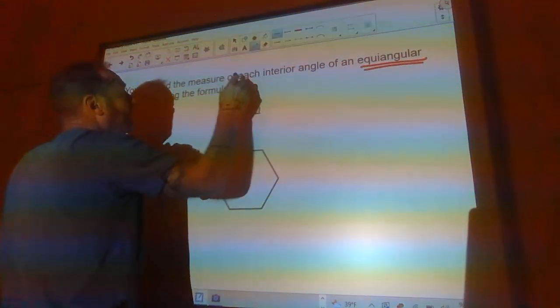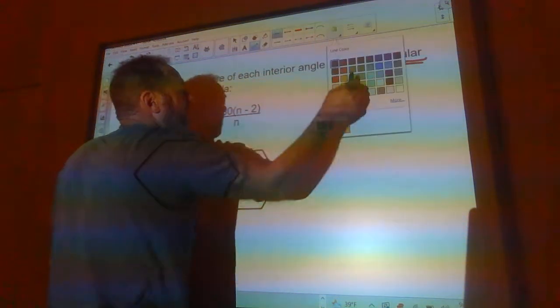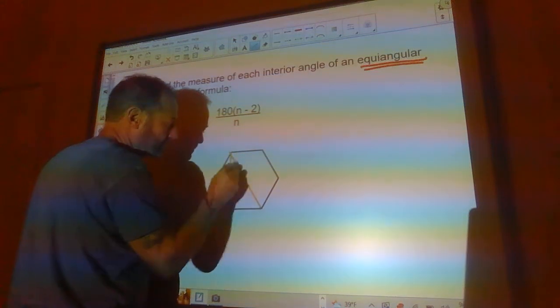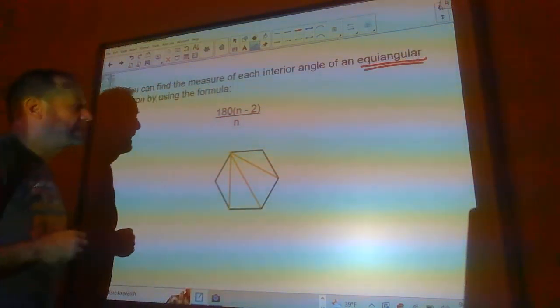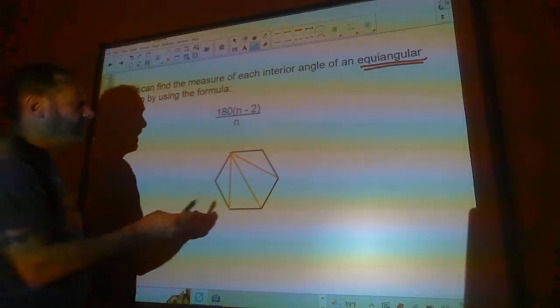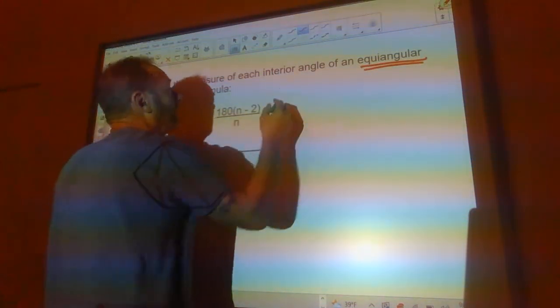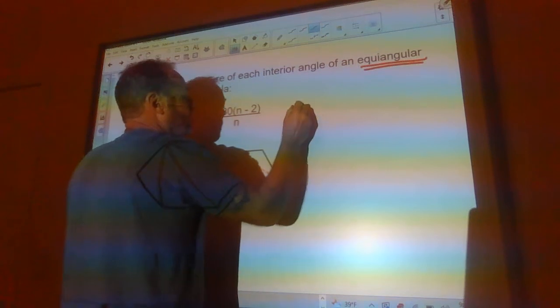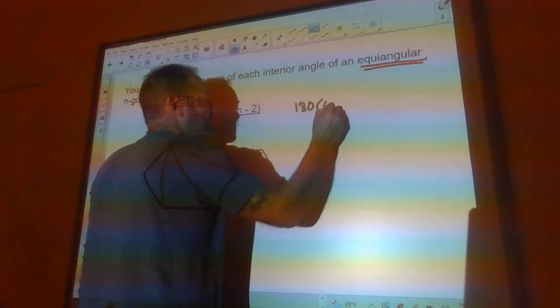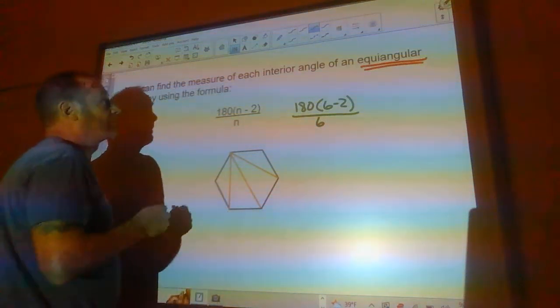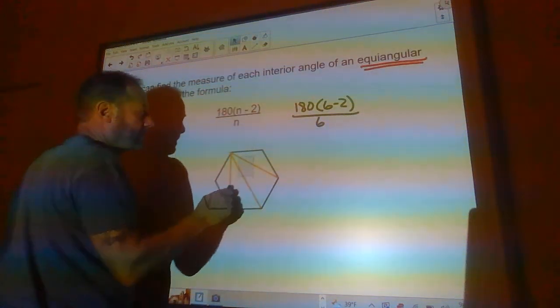Okay, so if I wanted to divide this thing up, 1, 2, 3, 4, like that, I'd get 4 triangles. Well, I don't even need to do that. I just need to put the number of sides into the formula here. So that would be 180 times 6 minus 2 over 6.